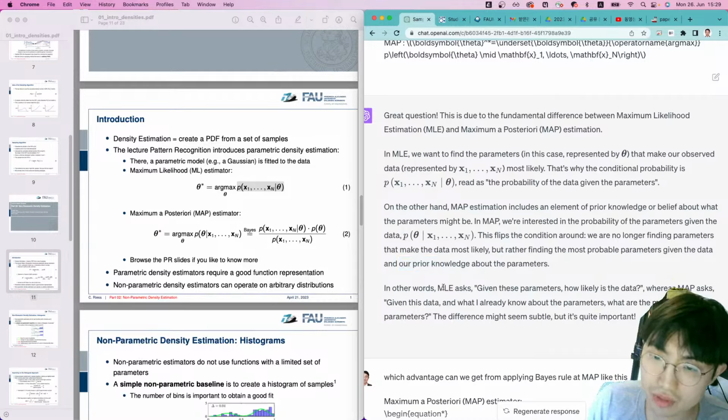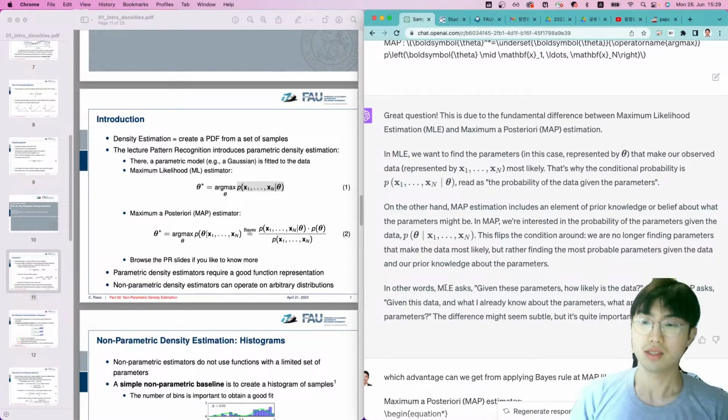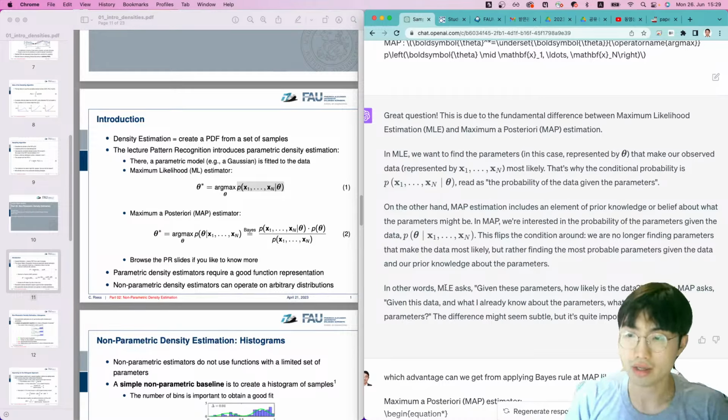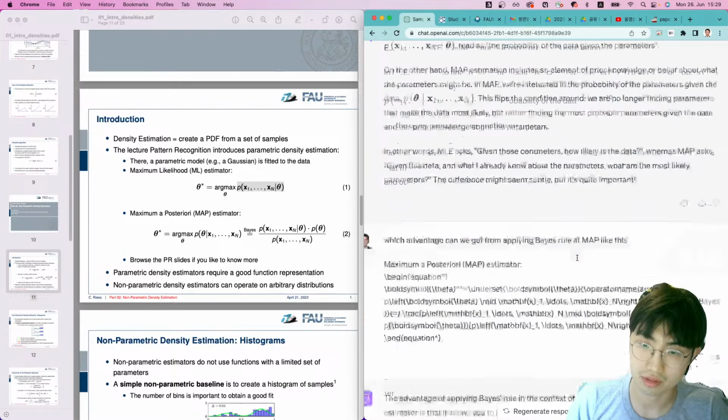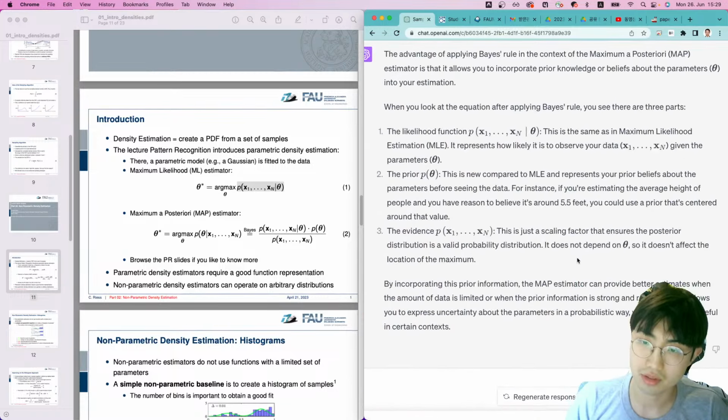In other words, MLE asks, given this parameter, how likely is the data? Whereas MAP asks, given the data and what I already know about the parameters, what are the most likely parameters? The difference might seem subtle, but it's quite important.